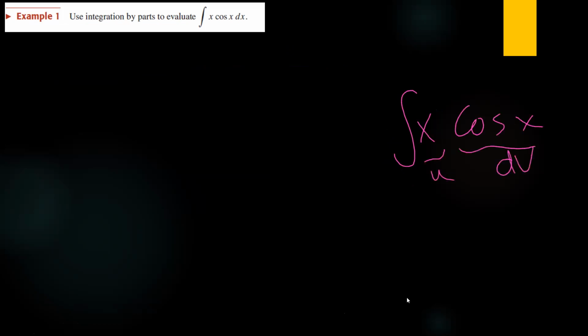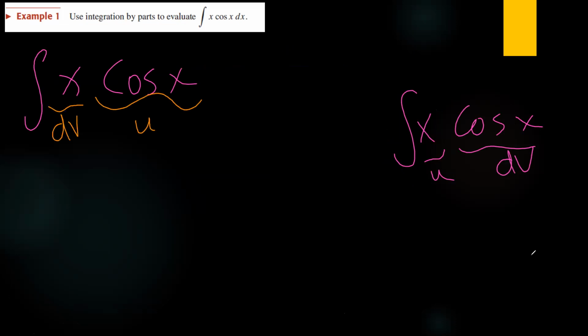In the first case, we said that x is u and cosine x is dv. Now I want to show you that if I want to make cosine u and x dv, can I? Yes, you can. But let's see how it will be complicated.